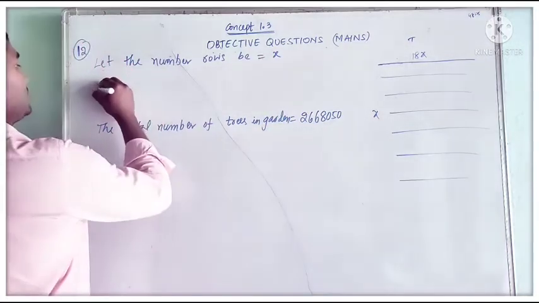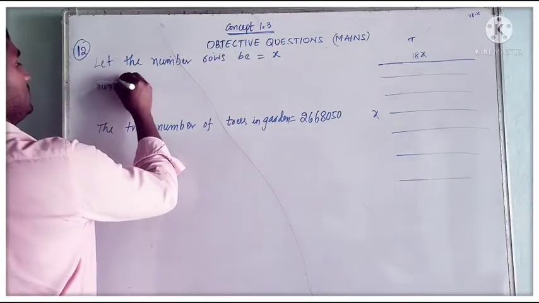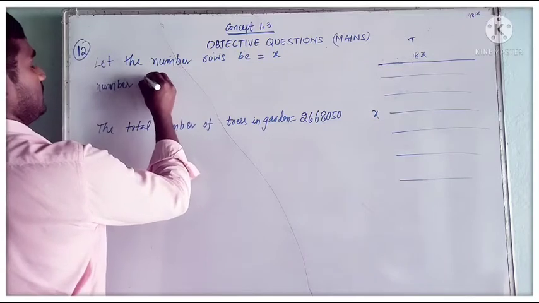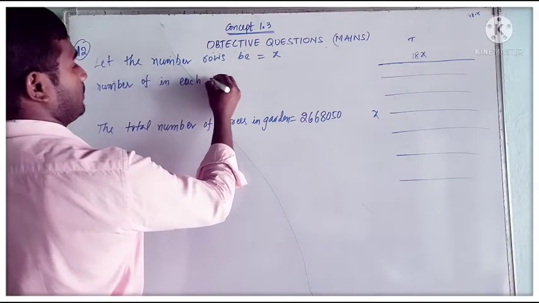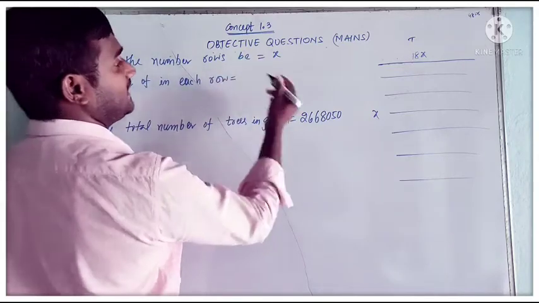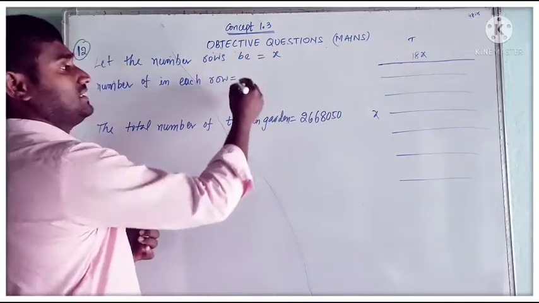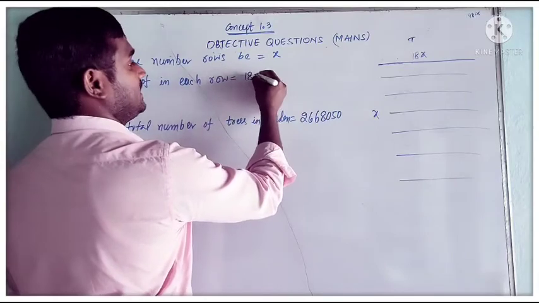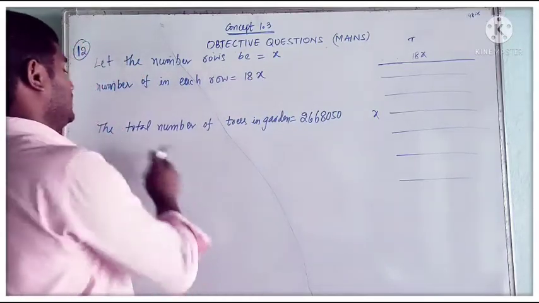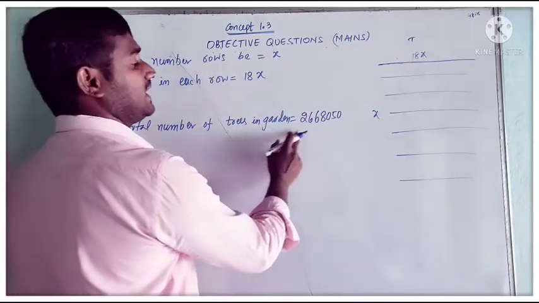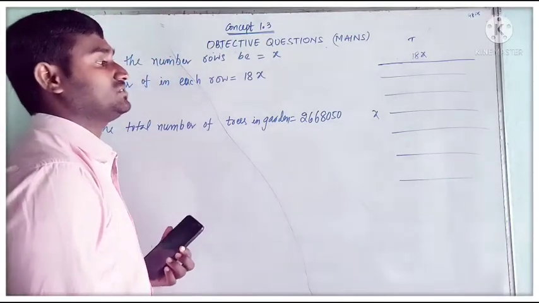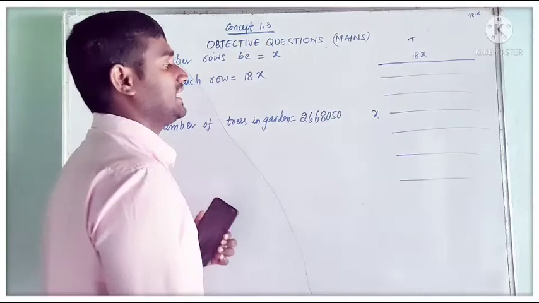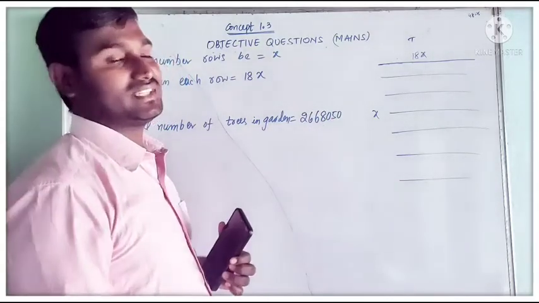Then the number of trees in each row equals 18 times the number of rows, 18 times x, 18x. Then the total number of trees in the garden is given as a fixed number, 26,68,050 trees.